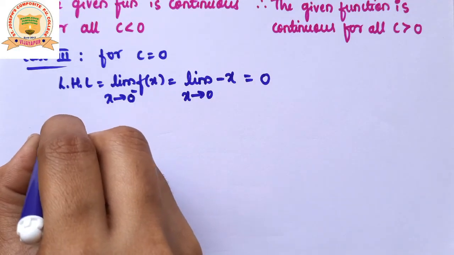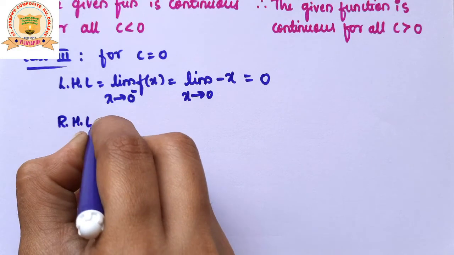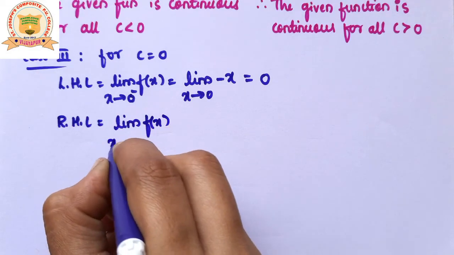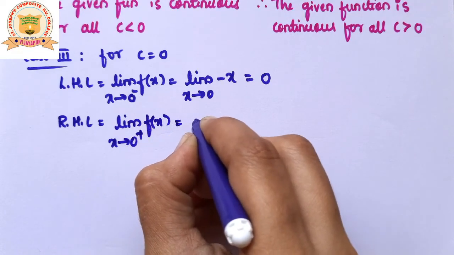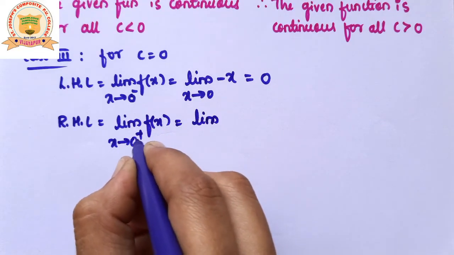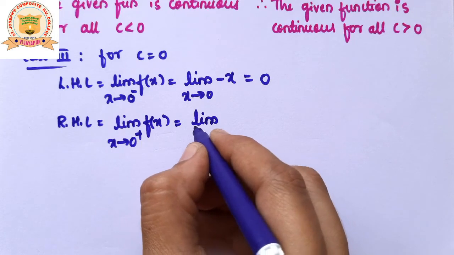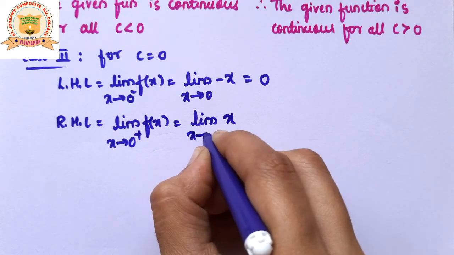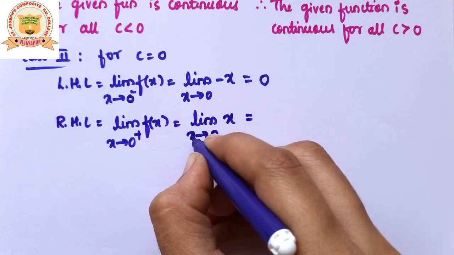What about RHL? The limit of f of x as x tends to 0 plus is equal to the limit of, what is the meaning of this? For greater than 0, f of x value is plus x as x tends to 0. Now we have to substitute 0 in place of x.